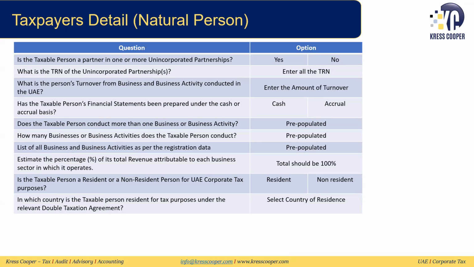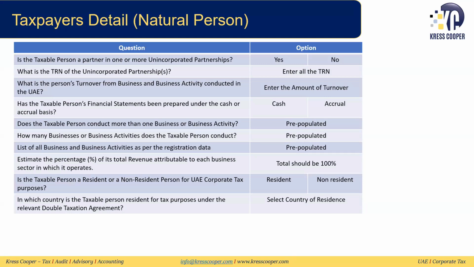We know that in the turnover we exclude wages, any rental income, investment income, or any personal investment income. So apart from that, if the turnover is exceeding 1 million in the Gregorian calendar year, which is January to December, for the natural person, then only they will be required to register for corporate tax and also file the return. So this amount needs to be put here.